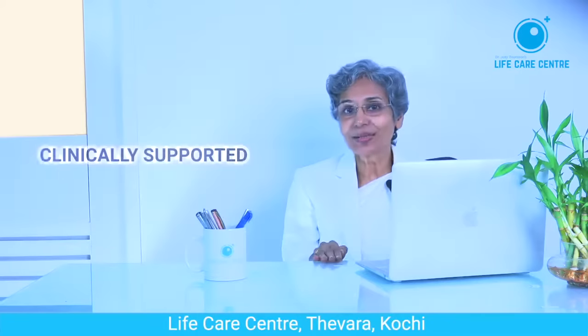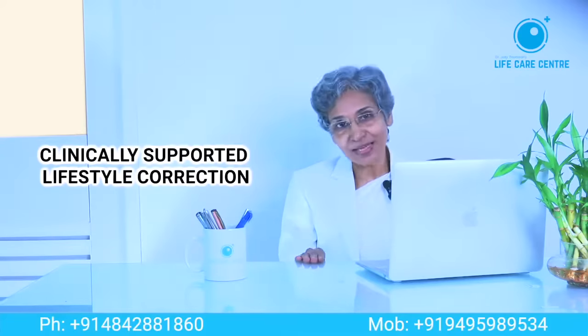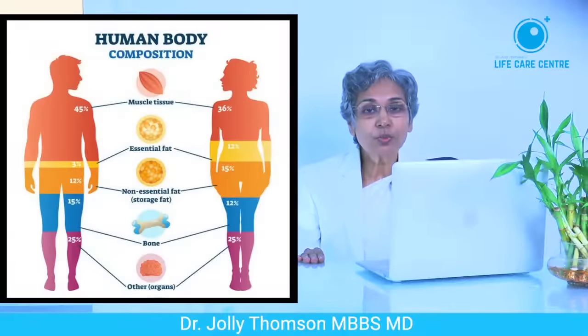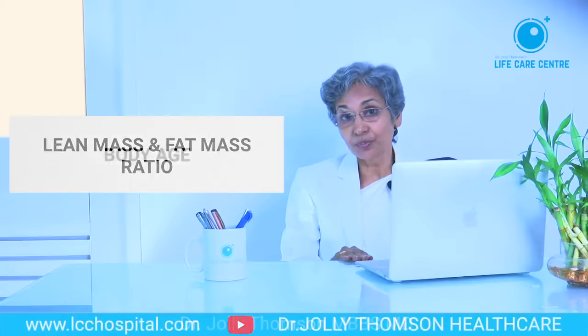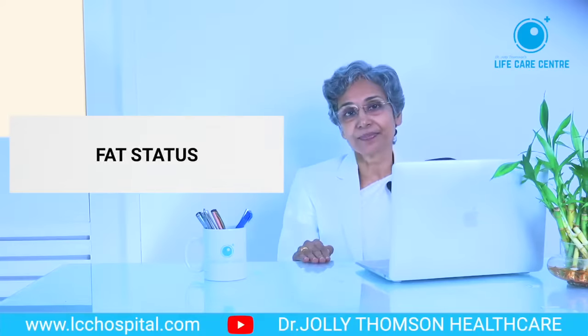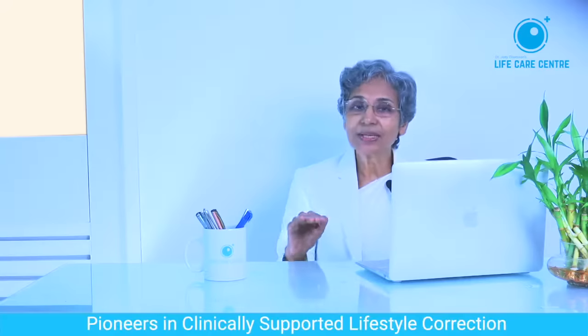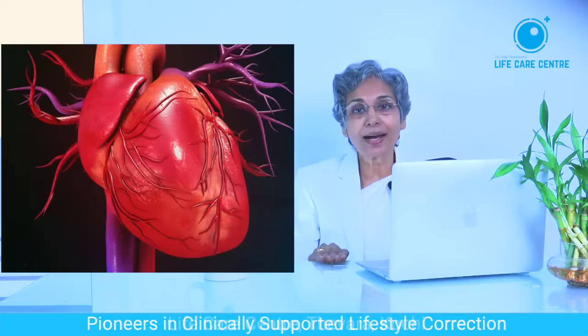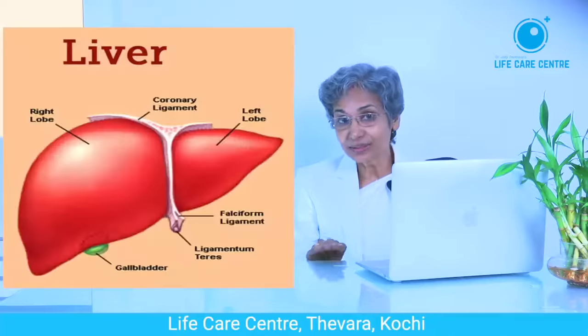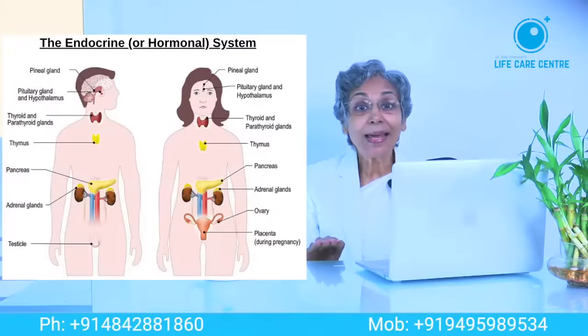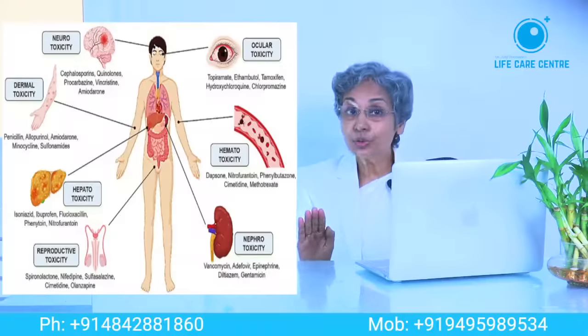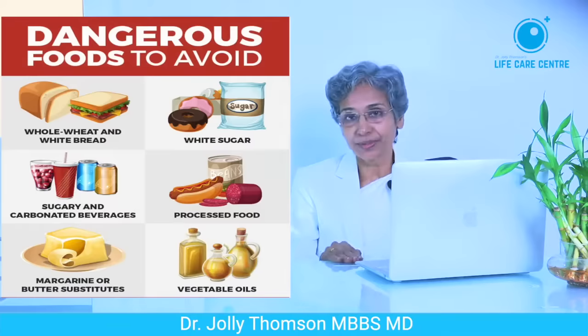Next, let us understand what is clinically supported and supervised lifestyle correction. In this, the first step is to understand your body parameters by assessing body composition, the lean mass to fat mass ratio, body age, fat status, etc. Second step is to evaluate the current status of your organs like the heart, blood vessels, liver, kidney, pancreas, hormones, immune system, toxin level, nutritional status, etc., and also to find out the most suitable food for your body and what to avoid.